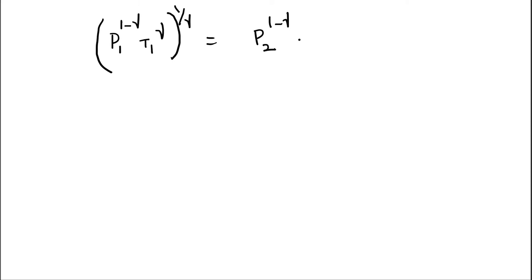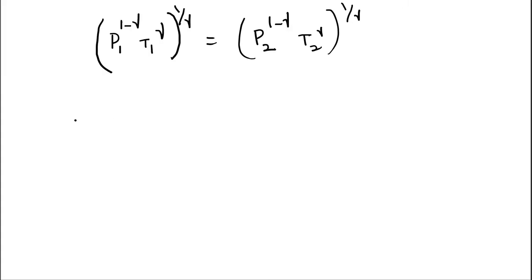I can write this as P1 power 1 minus gamma and T1 power gamma, raised to the power of 1 over gamma, and here also P2 power 1 minus gamma times T2 power gamma, raised to the power of 1 over gamma. So here I took 1 over gamma powers on both sides. Basically there is no change in the expression.